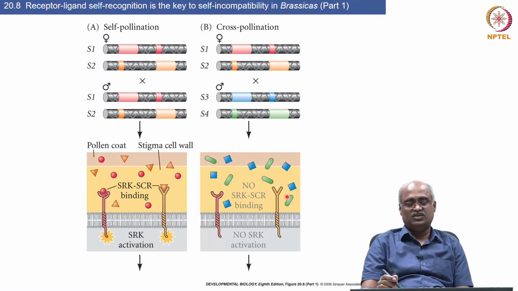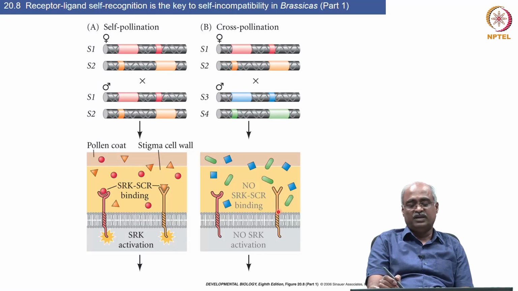So the same here. You have the two kinds of ligands coming, and then you find that their shape does not fit the receptor present in the stigma. So as a result, there is no activation of the downstream signals that lead to the rejection. Okay. So this is a compatible interaction in terms of successful pollination. So this is another mechanism by which it works.